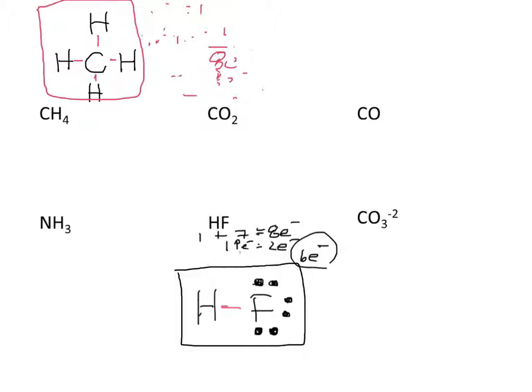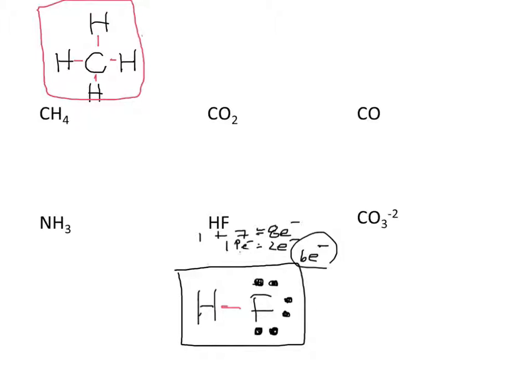And you can see that there are no pairs that we need to worry about elsewhere like we did on the previous one, because all the bonds occupy all the things. And just to double check, let's look at all the electrons around the carbon, right? We have 1, 2, 3, 4 bonds. Each bond has 2 electrons, so there's 8 around the carbon.